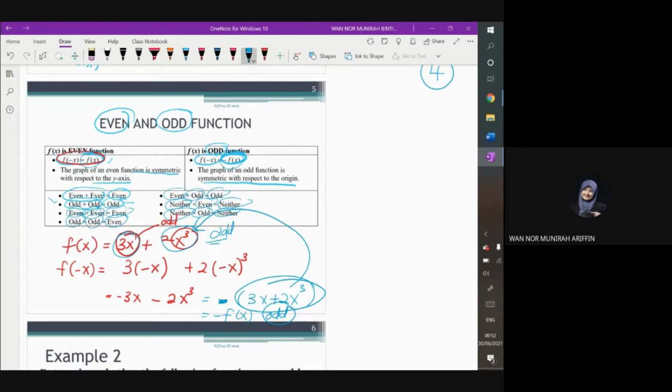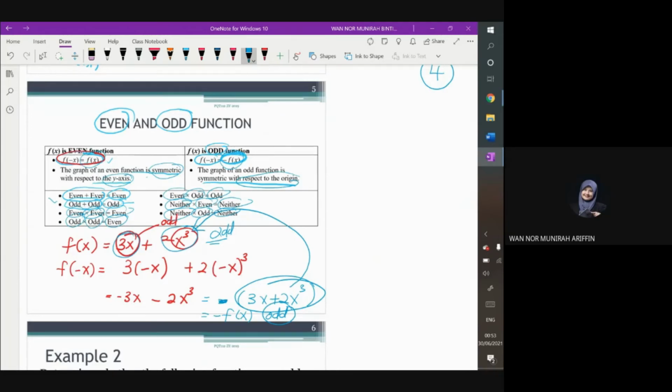And when you sketch the graph, the function is not symmetrical about the y-axis and not symmetrical with respect to the origin. So that is a neither function.